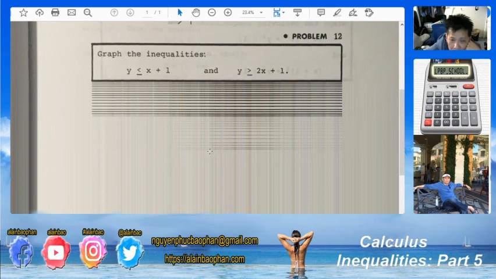So the left hand side 0 is less than or equal to 0 plus 1, which is 1. So 0 less than or equal 1, right? That's correct. So the solution of the first inequality is this part right here, the right part of the plane of y equal x plus 1.